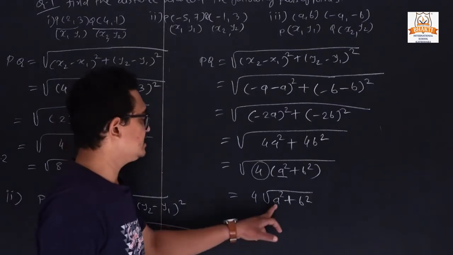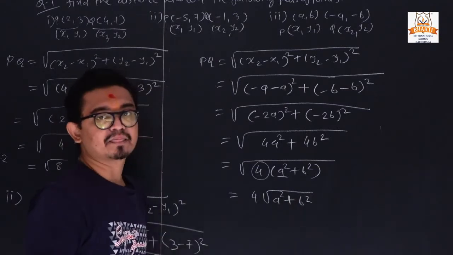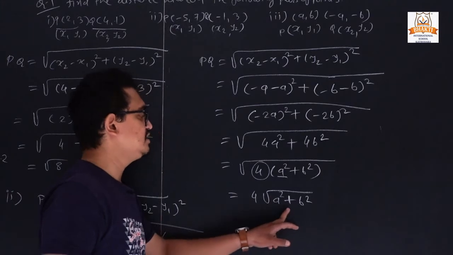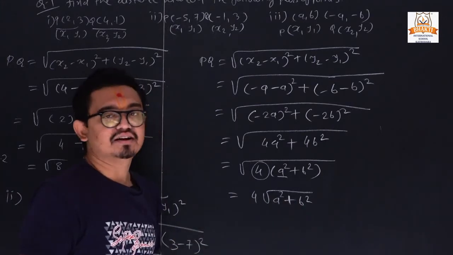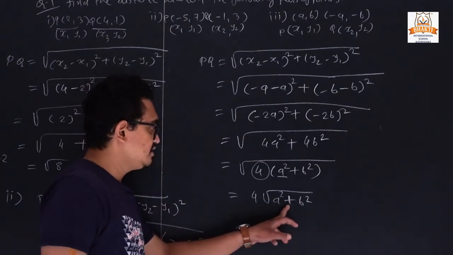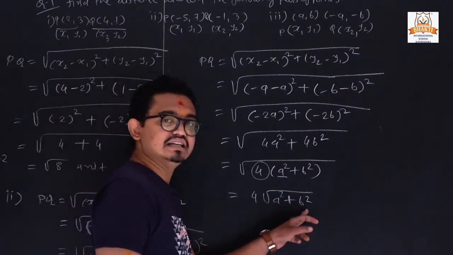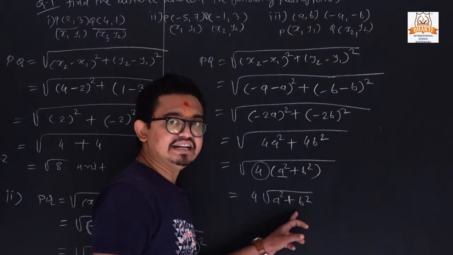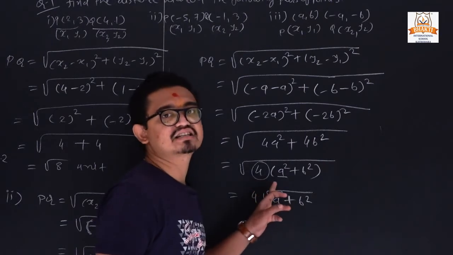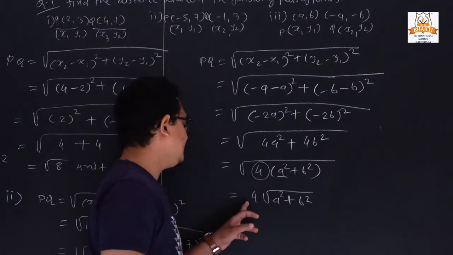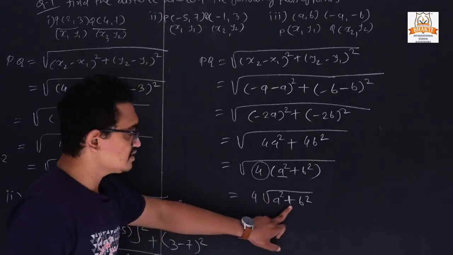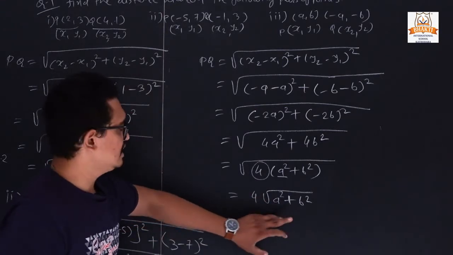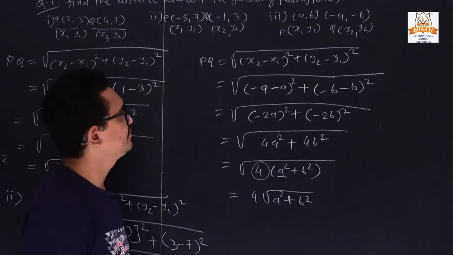If here we had multiplication, we could take the square root. But because of the plus sign, if a is 1 and b is 3, first of all we take the squares, then make the addition, and then find the square root. So because we have the plus sign, the answer will remain the same.